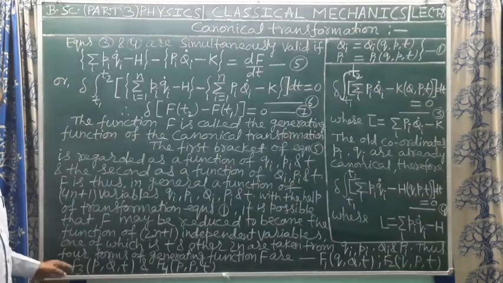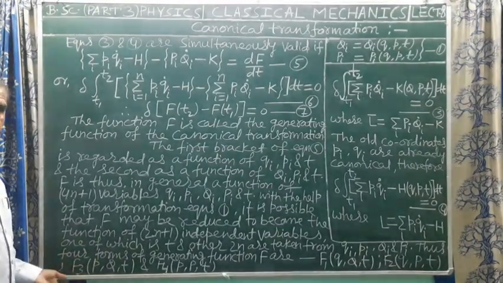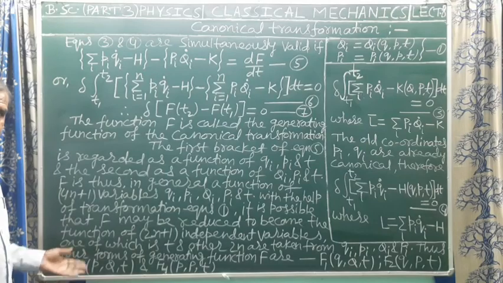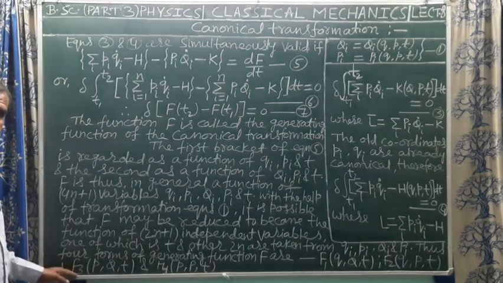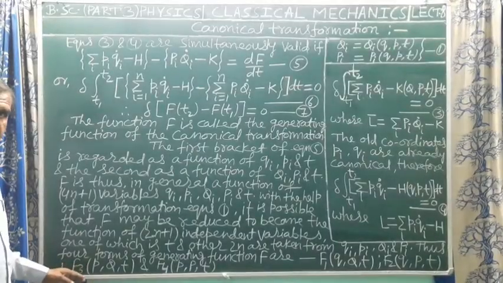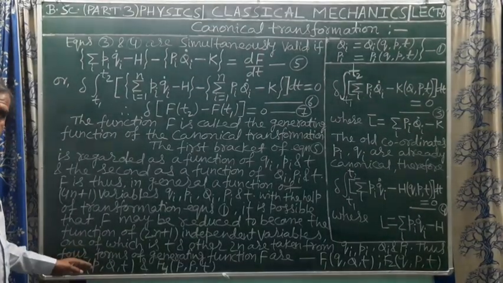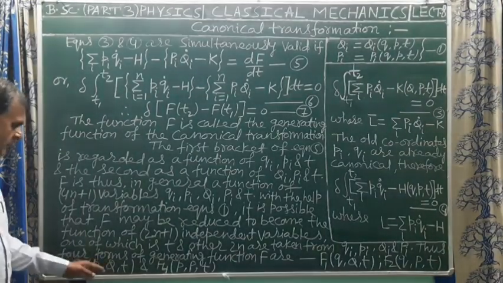The third generating function F3 is also regarded as a function of 2n plus 1 variables, that is F3 is a function of a small p, capital Q, and time t.